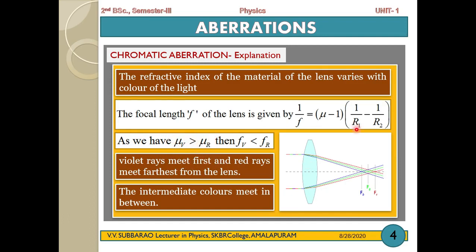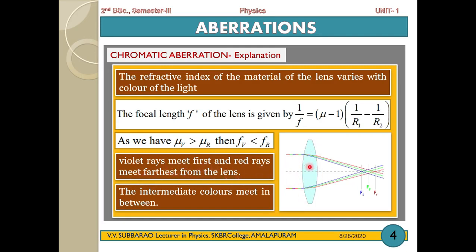As the radii of curvature r1, r2 are constants for a given lens, the focal length depends on the refractive index. Based on these two relations, we can say that the focal length for violet rays is less than the focal length for red. Therefore, when white light is incident on a lens, violet rays meet first and red rays meet farthest from the lens.